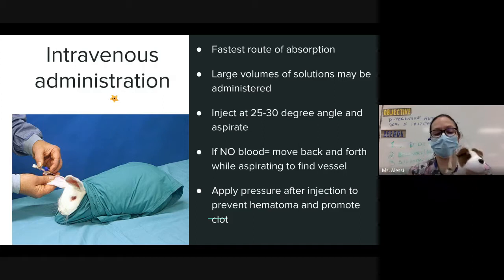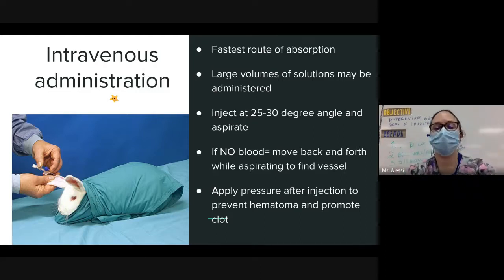So if I go in, and I aspirate and there's no blood, I can pull out a little bit, and as I'm doing so, I'm still kind of pulling back, aspirating that plunger to see if I'm in the vein or close to it, and I might be able to do one more push in and redirection. But I don't want to just keep chopping at things because that needle is cutting into flesh, so you would want to pull out, hold off, get a new needle, maybe even try the other side if you're doing a jug or another vein.